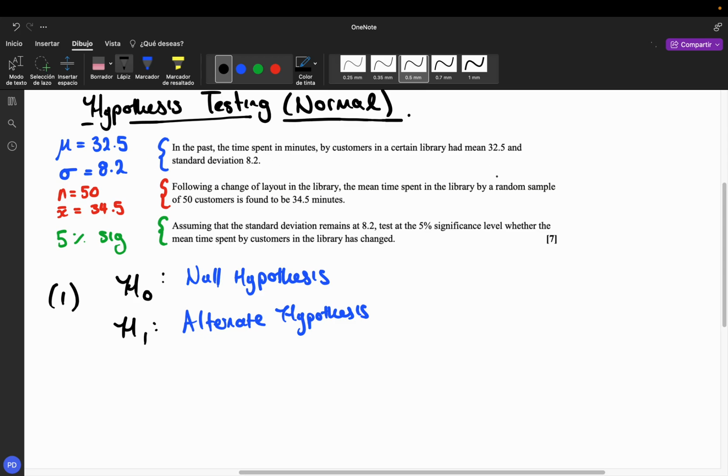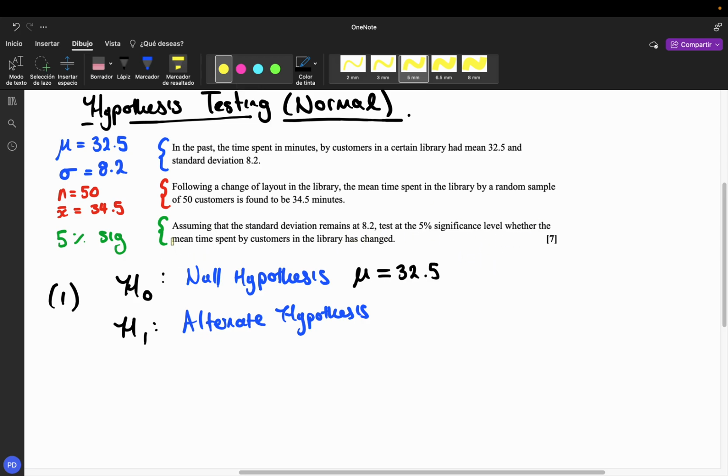We were told before we did any samples that we thought the mean was 32.5. Now the alternate hypothesis is after we've done a sample, what are we testing right now? There's a subtlety here. We did a sample and we found that our sample mean was 34.5.